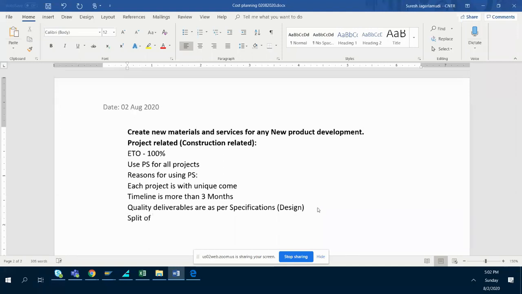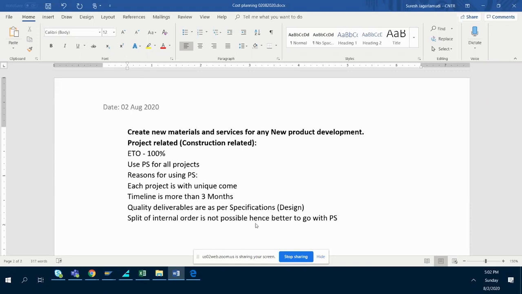Splitting an internal order is not possible. Hence, better to go with project systems.